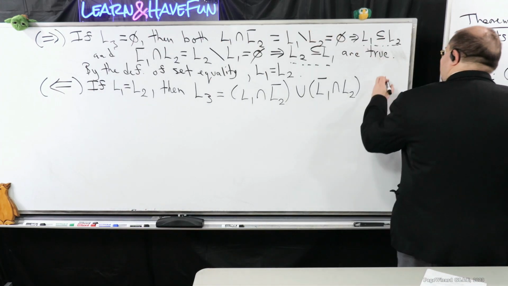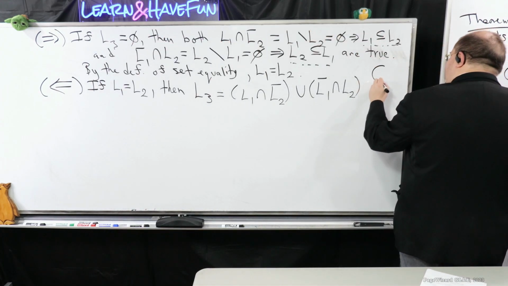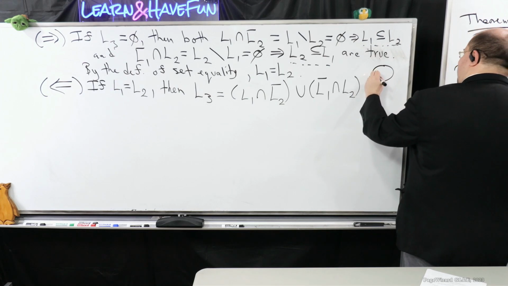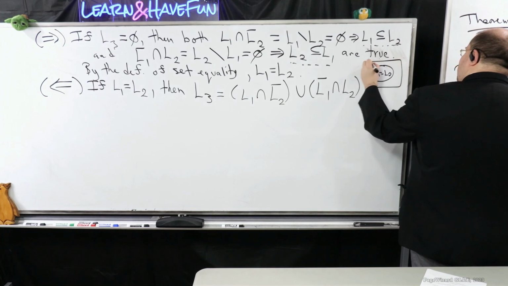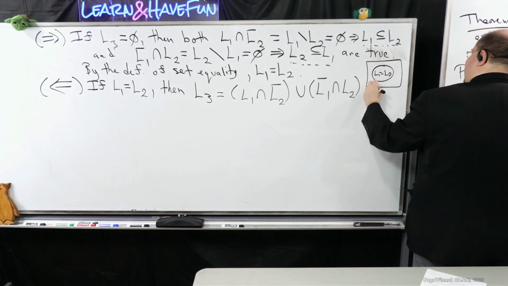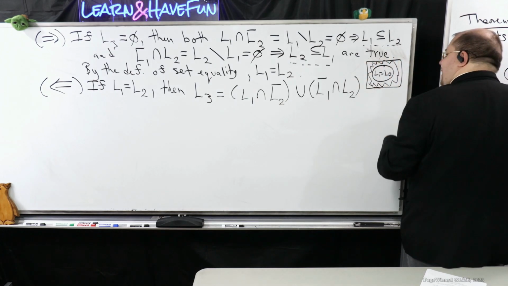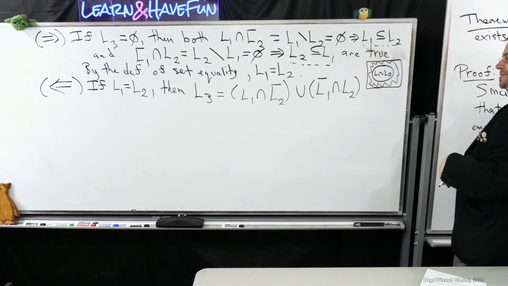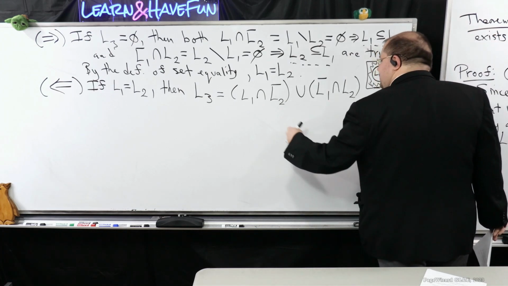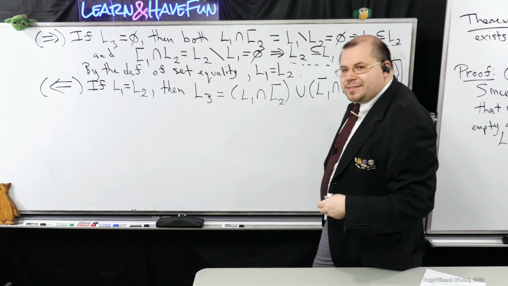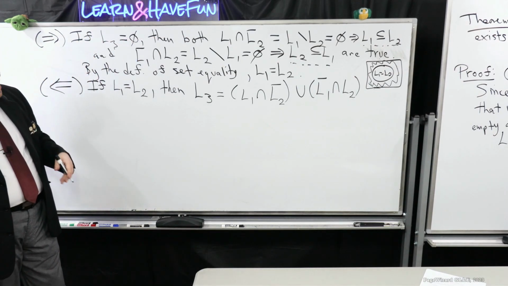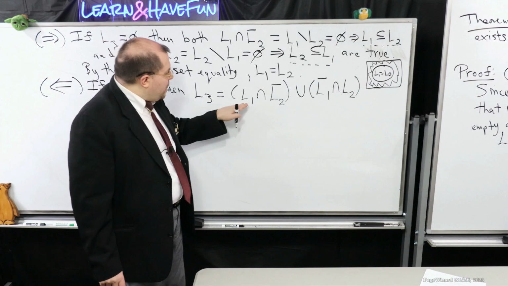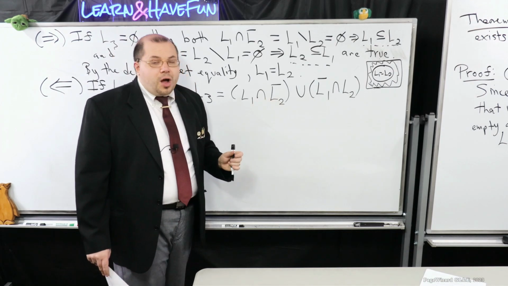Let's look at the picture here. Imagine I have L1, and L1 is equal to L2. That's a circle right here. Out here, outside of this, that's L1 complement. Remember, intersection means take the elements that are in common. Are there any elements in common among L1 and the complement of L1?